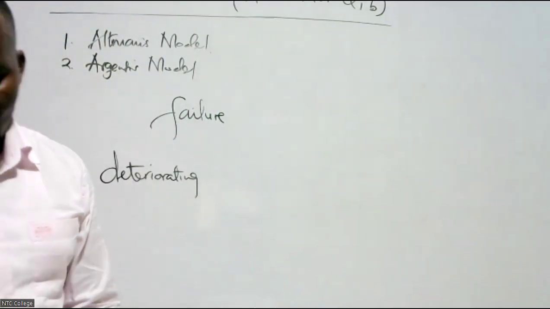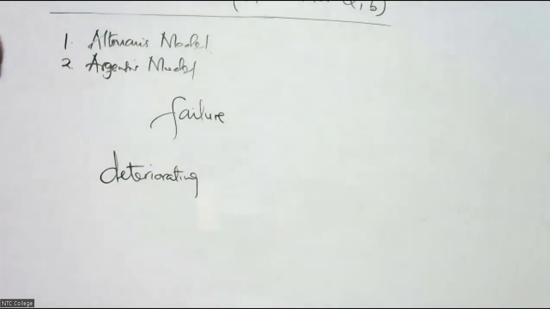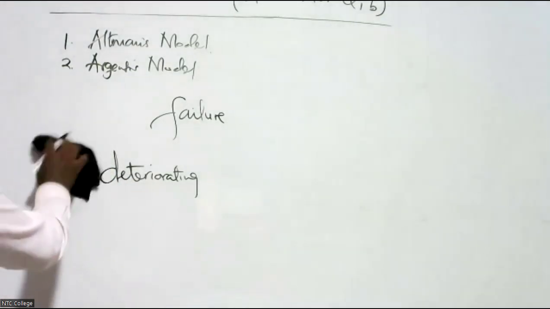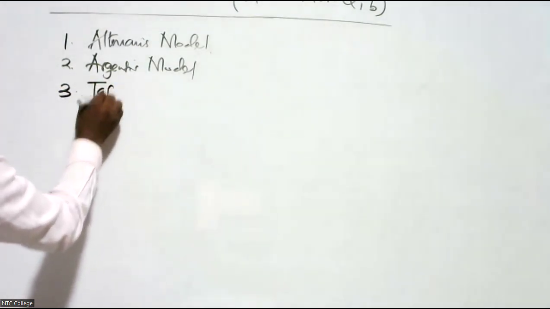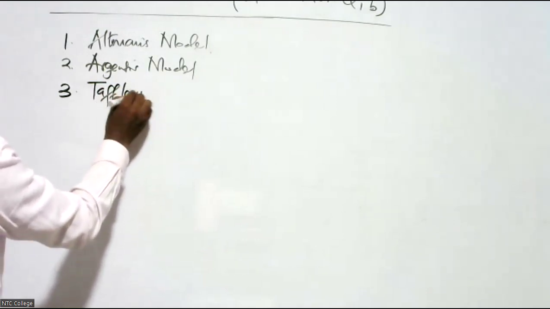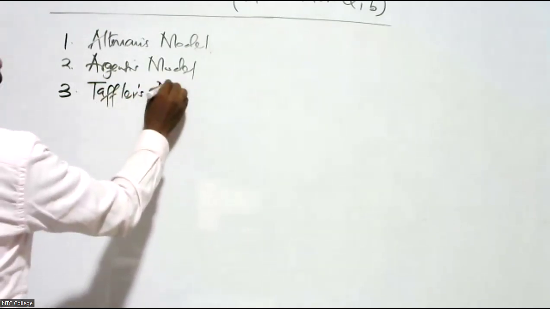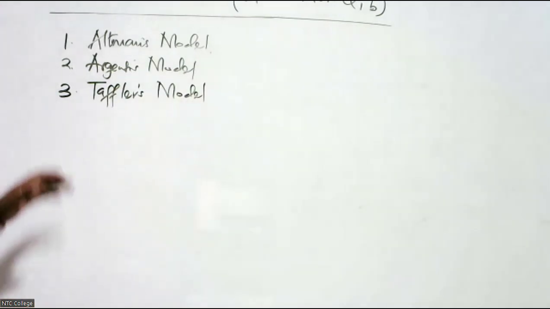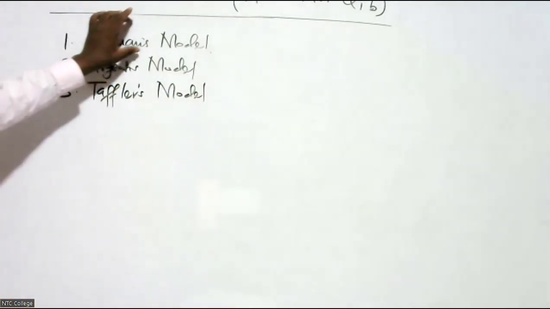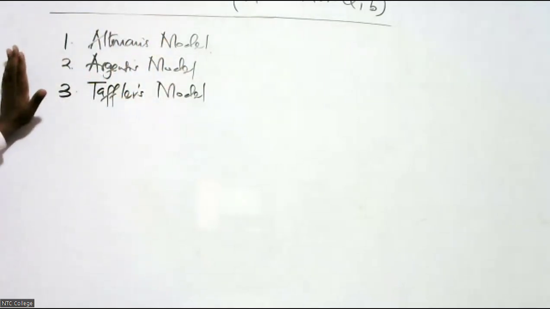The next one is now called Taffler's model. Number 3 is Taffler's model. So if the examiner asks you that apart from Altman's model, which other models can you use to predict company failure?